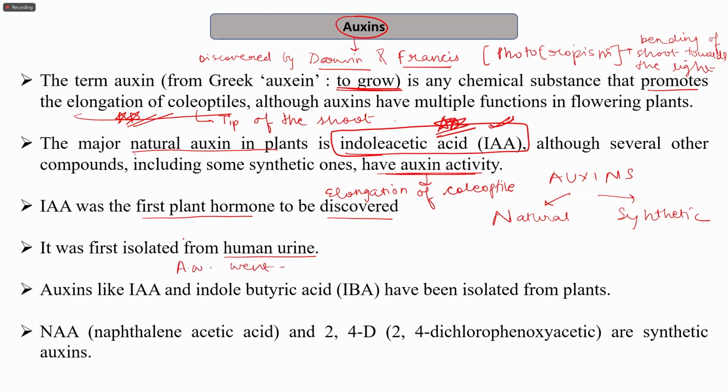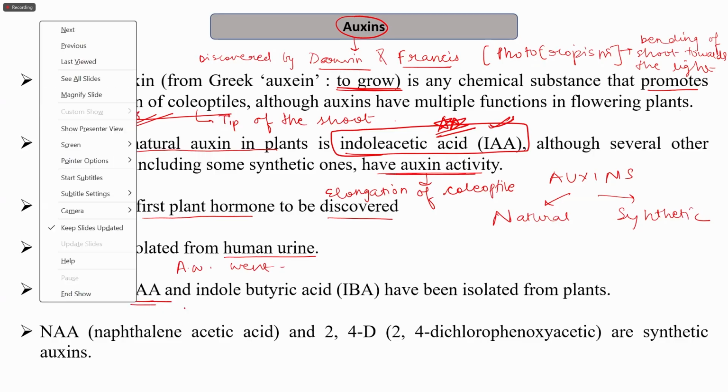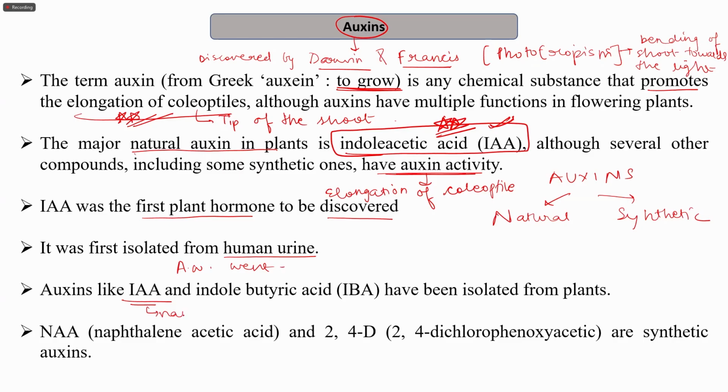So auxins like IAA, indole acetic acid, which is a natural one, and indole butyric acid, which is also a natural auxin, are isolated from plants. However, besides this, we have some synthetic auxins as well, like NAA, which is naphthalene acetic acid, and 2,4-D, which we also know is used as a herbicide.